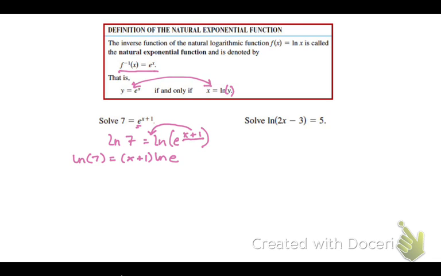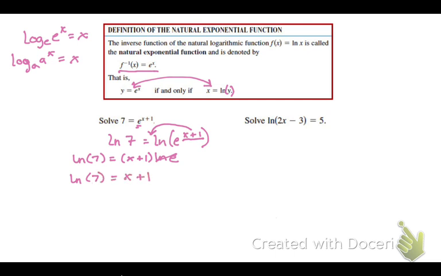It's 1, because what's the base of natural log? E. So remember if I have log base e of e to the x, the answer is x. Log of the base to the x is what? The exponent. So this is just 1, and so now I have the natural log of 7 equals x plus 1.